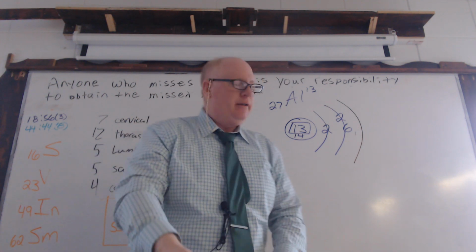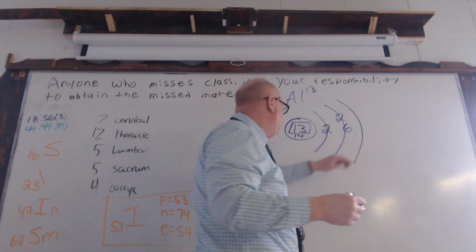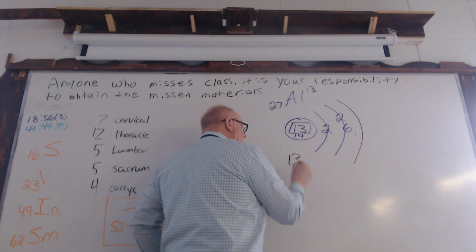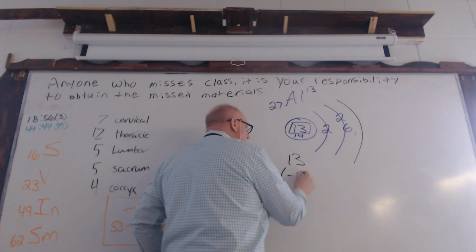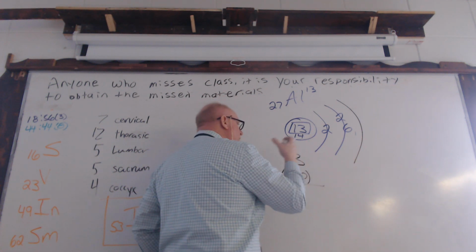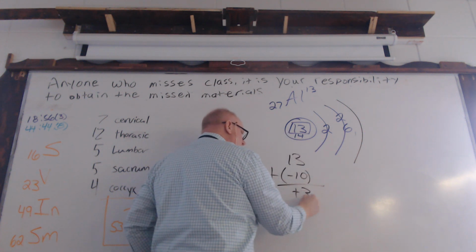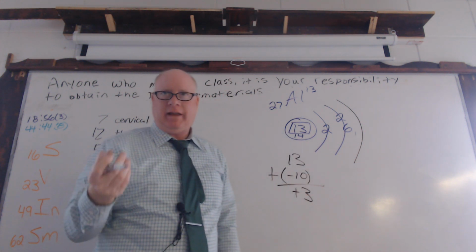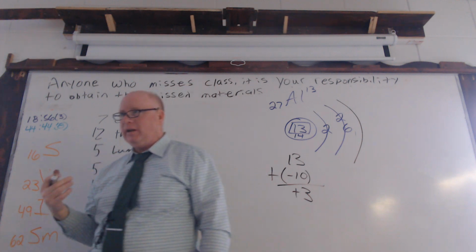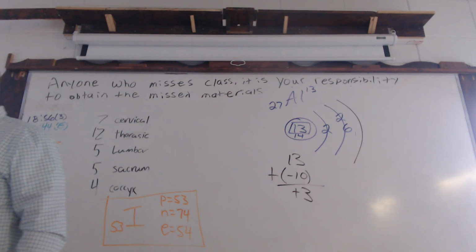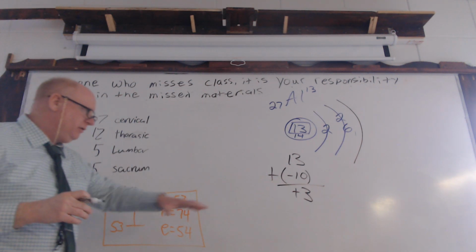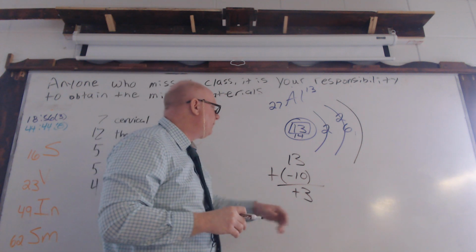Plus 3. This is why it says plus 3. Because you've got 13 and we've got 10. You add them together, you get plus 3. That's why that has a number plus 3. Okay? We've now formed an ion. It's no longer neutral. It's got a positive charge.